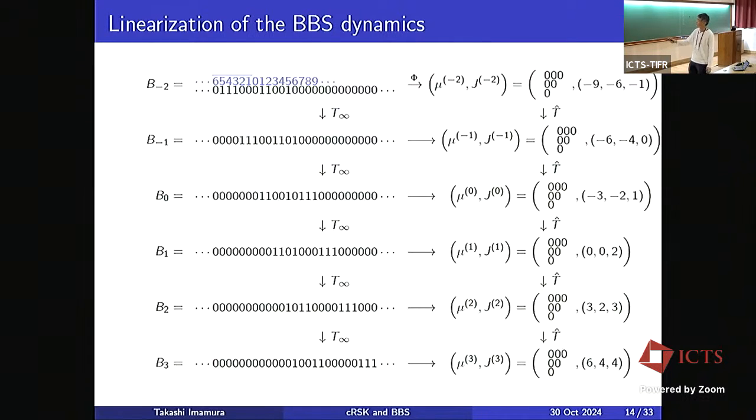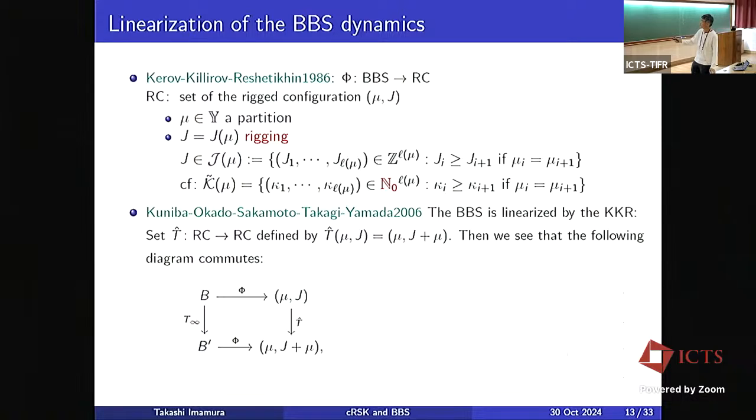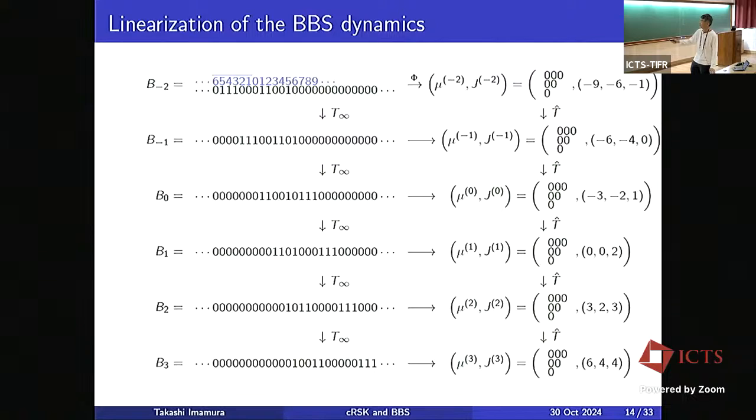Yeah. The number of elements in J is the length of mu. In this case mu is this one, and the length of mu is 3, so there are 3 elements. J plus mu means that here we add 3, here we add 2, and here we add 1.